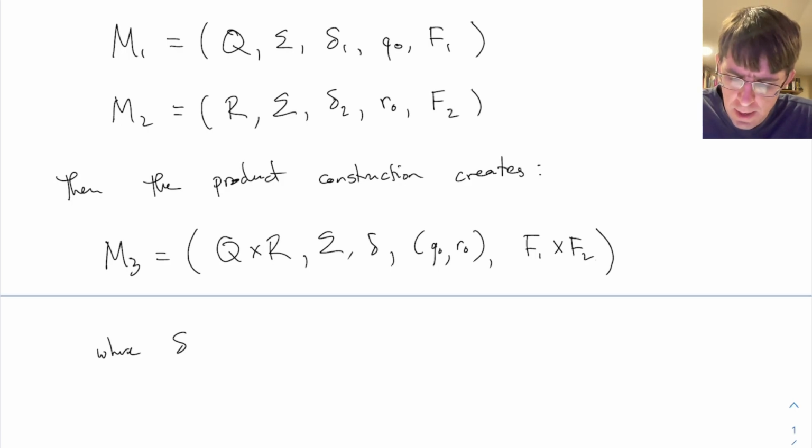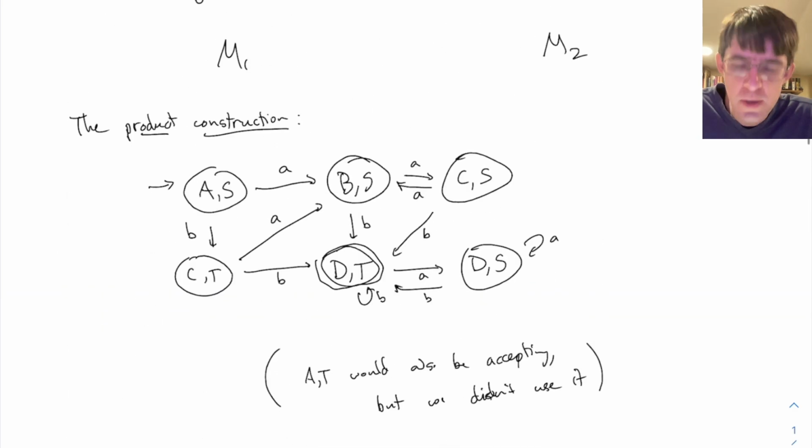I don't know how obvious any of this stuff was, but to write it down actually doesn't require any kind of fancy business at all. It's just a cross here, basically, and then we'll have to deal with whatever the delta is. But in terms of explaining what exactly the product construction is, this is actually a very convenient way of explaining it. More convenient, I would say, than drawing the diagram.